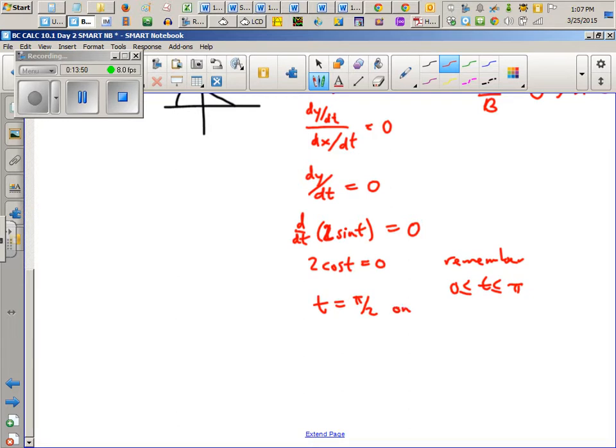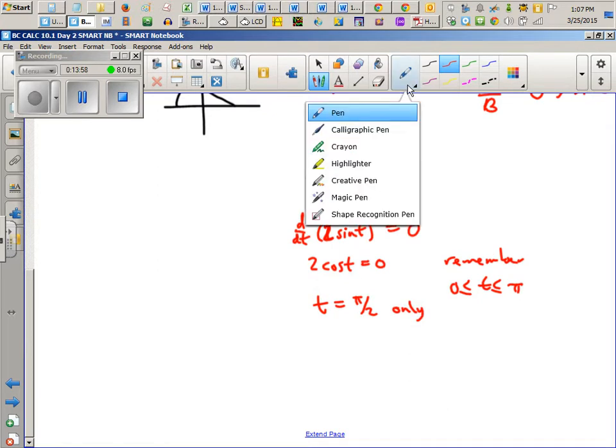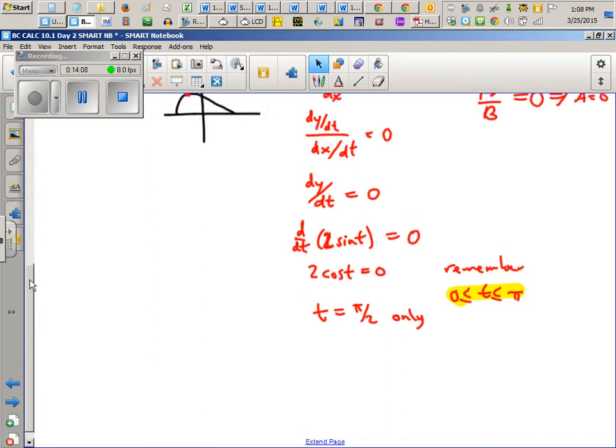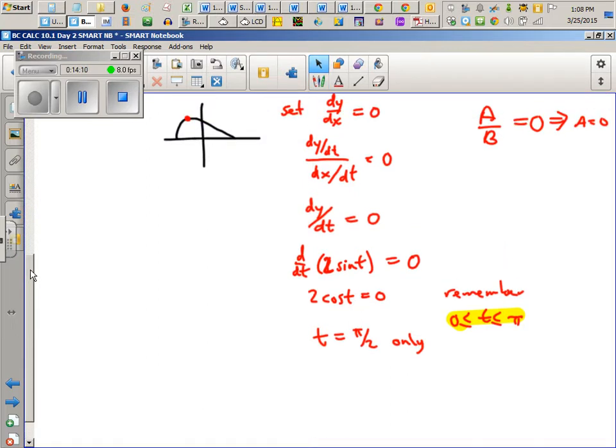I'm going to write only here to remind us that whenever you solve a trig equation, you might have more than one answer, just not in this case because of our restrictions. We were told to stay between 0 and pi. One answer. That actually makes sense graphically, too. How many highest points do you see here in this picture? 1, right. We should not expect more than 1 t value, unless this thing doubled back on itself.